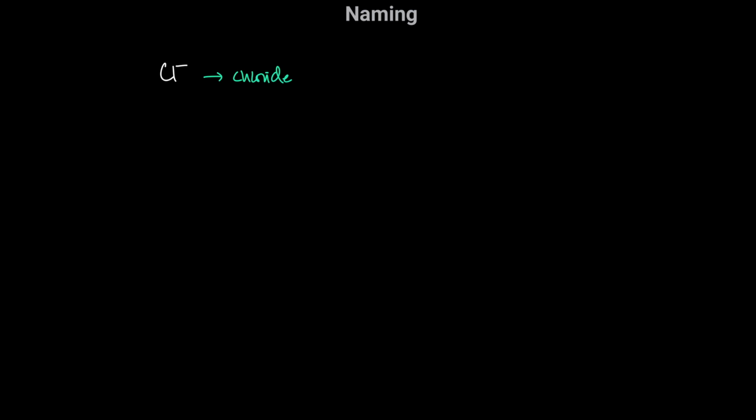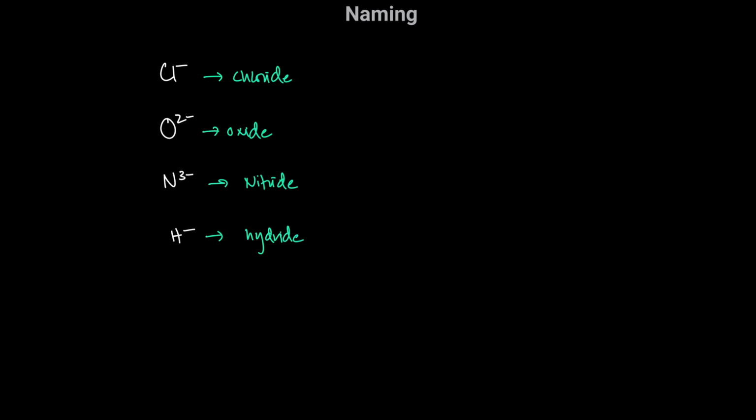If we have something like O2 minus, we call that the oxide ion. If we have something like N3 minus, we call that nitride. If you have H minus, we call that hydride. So it's basically the suffix over here that is IDE.